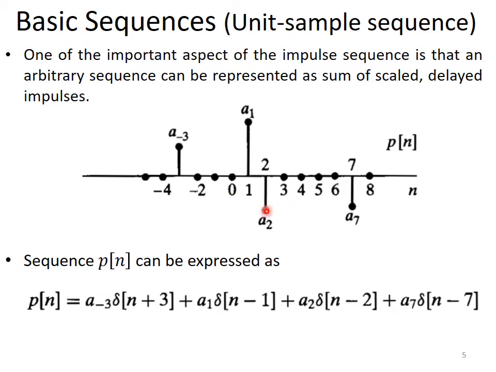Similarly, this one is also delayed, and its amplitude is a2 multiplied by an impulse shifted by 2 units. This impulse is delayed by 7 units and its amplitude is a7. So this is how you can represent any discrete time signal as a combination of impulses or unit samples.